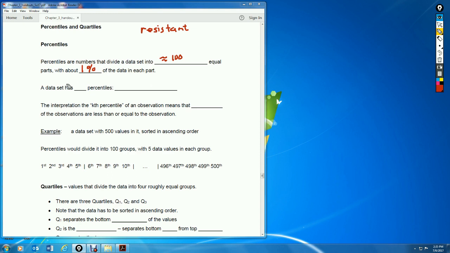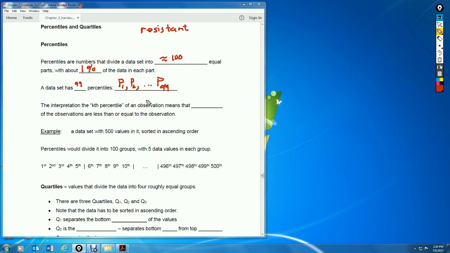Okay, so a data set has a total of 99 percentiles. So starting with the first percentile, which we would write as P sub 1, and then P sub 2, and so on, all the way up to P sub 99. Okay, because you only need 99 percentiles to split it into 100 parts.